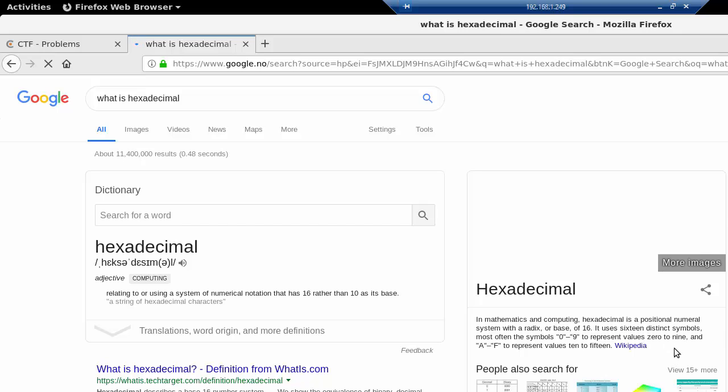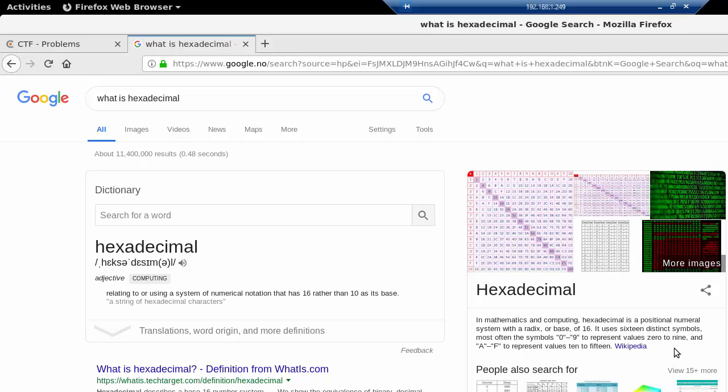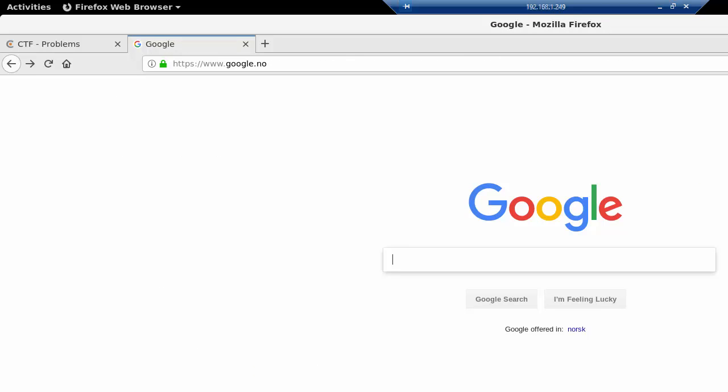Okay, on the right side here, you see that it's also called base 16, and actually just hex also, but it uses the symbols 0 through 9 to represent values 0 through 9 as you know them from before, and then it uses the letters A through F to represent the values 10 to 15. Now that's where it gets complicated, right? Not really, but it's your job to read up on it.